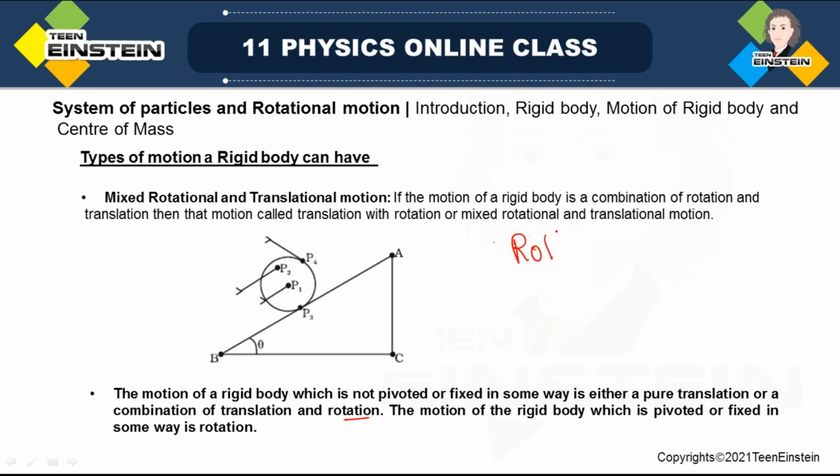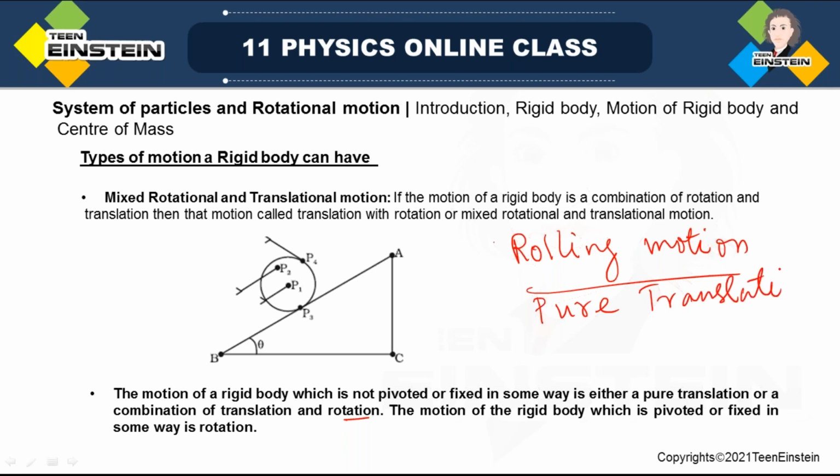So this is the example of rolling motion. No point of the object is pivoted or fixed. Then you can have either pure translation if there is no rotation, or mixed rotation and translation, which is called rolling motion.